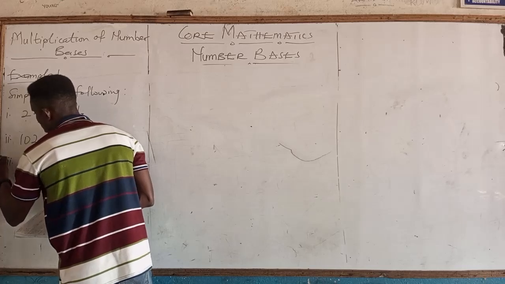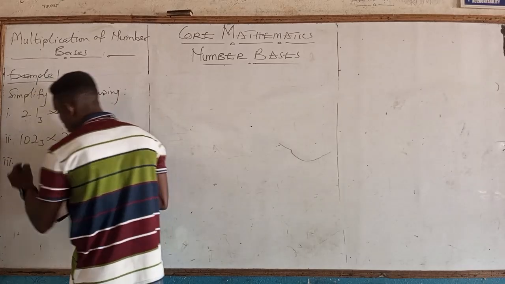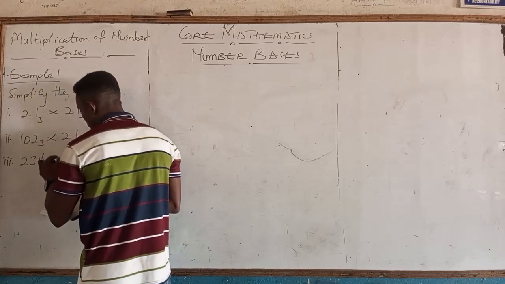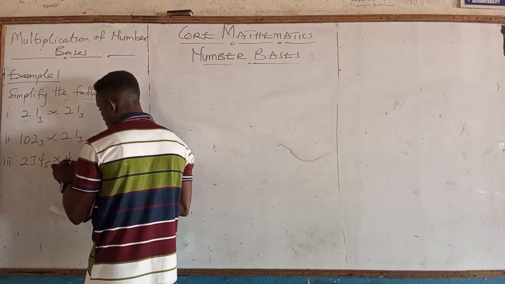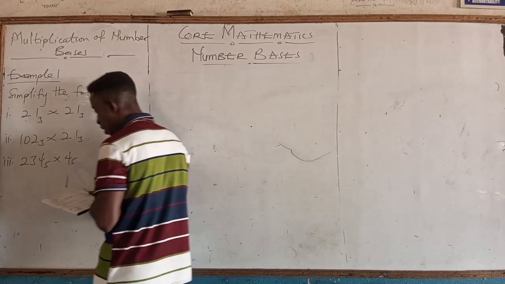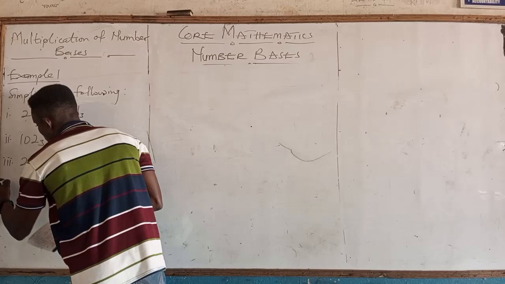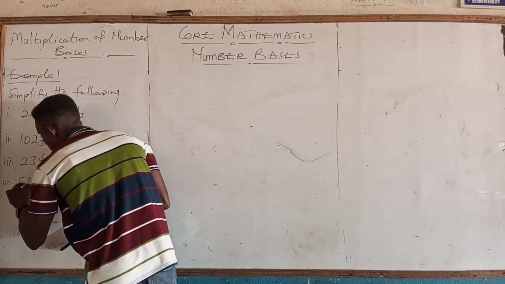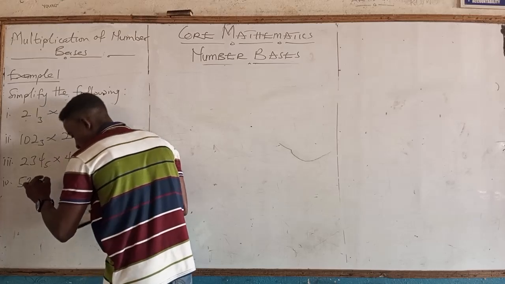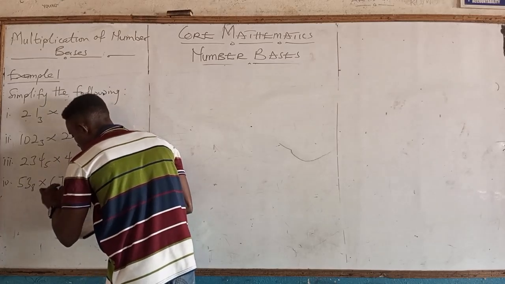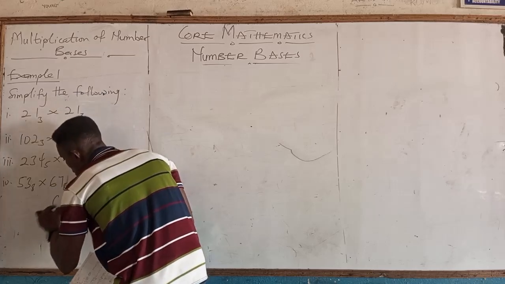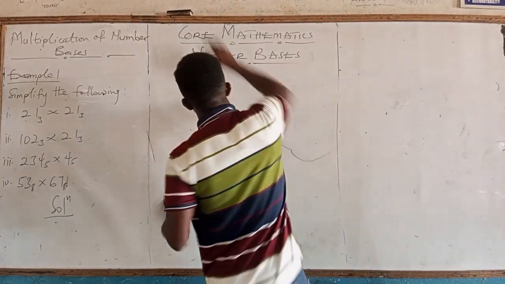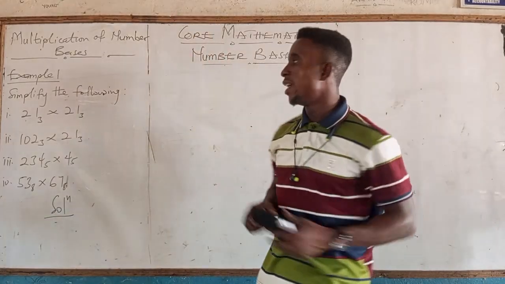Number three, I have 2 3 4 base 5 multiplying 4 base 5. Then lastly, number four, 5 3 base 8 multiplying 6 7 base 8. So we put the solution and let's get the ball rolling.